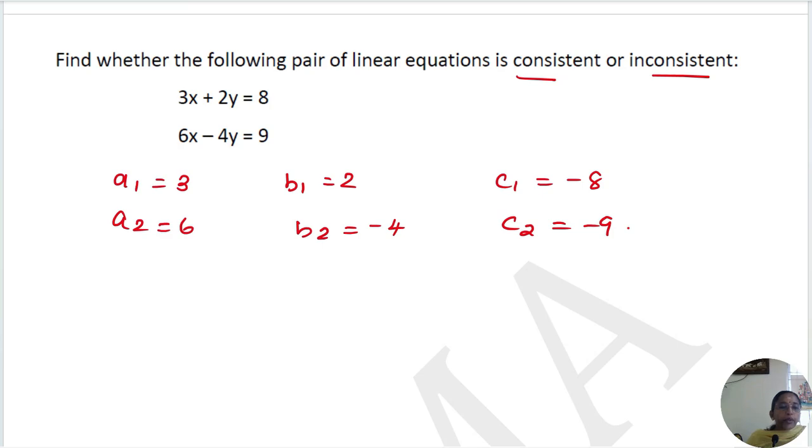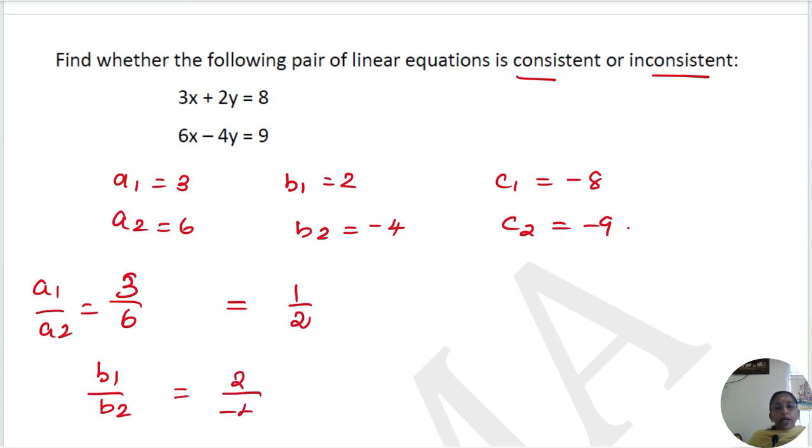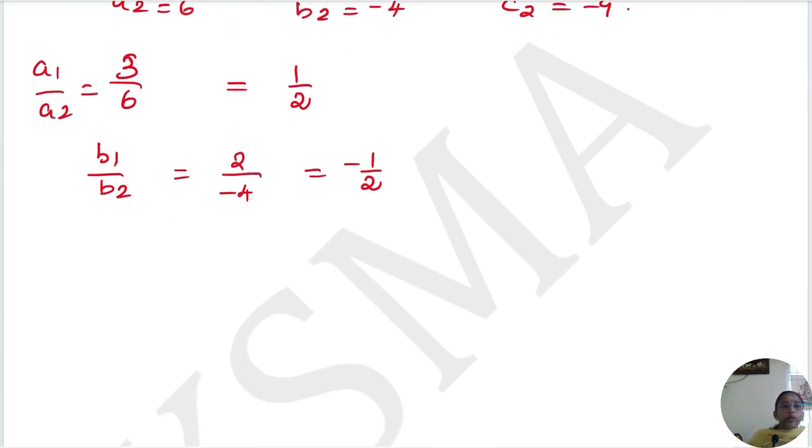So a1 by a2 is 3 divided by 6, which reduces to 1 by 2. Similarly, b1 by b2 is 2 divided by minus 4, which is minus 1 by 2. In this case a1 by a2 is not equal to b1 by b2.